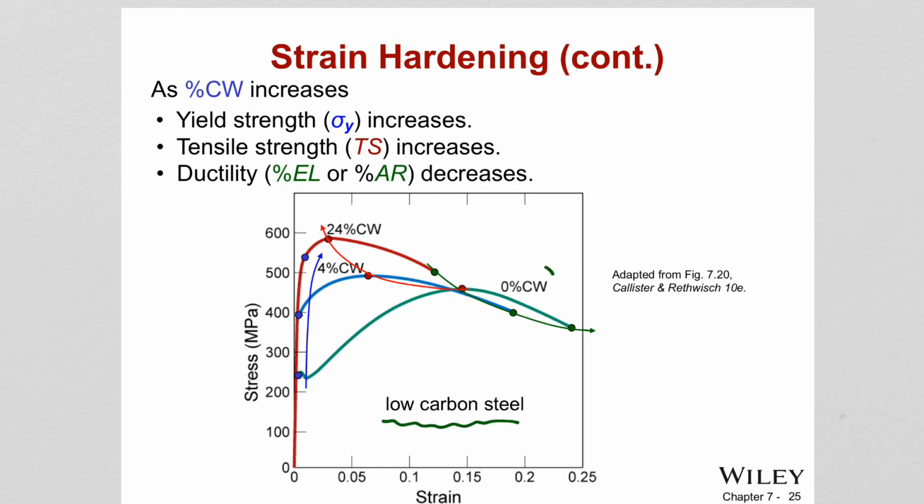If we don't deform it at all, no cold work, this is the yield strength here. But if I do 4% cold work, the yield strength changes to here. If I do 24% cold work, the yield strength changes to here. Similarly, ultimate tensile strength is also increasing.